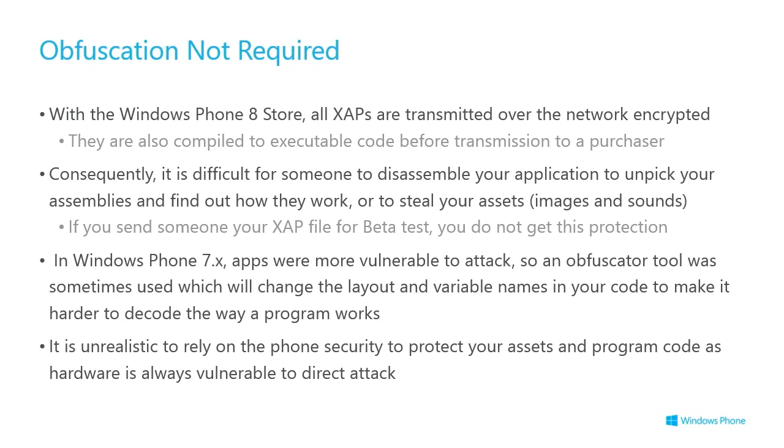They're encrypted. The actual XAP files themselves are transmitted over the network encrypted. So there's loads of layers of encryption, and really you are probably going to be in good shape. Unless it's a very, very high security application, obfuscation is no longer required anymore.